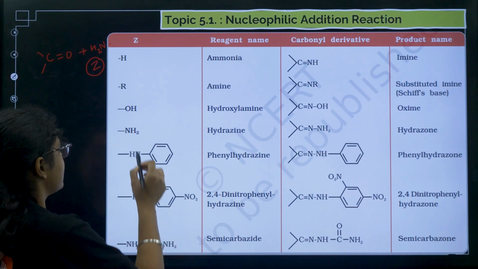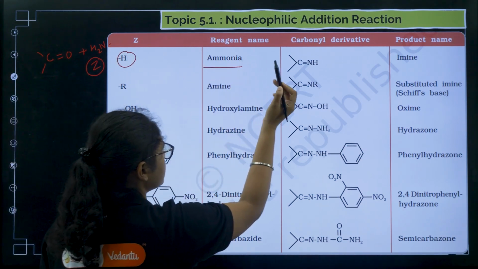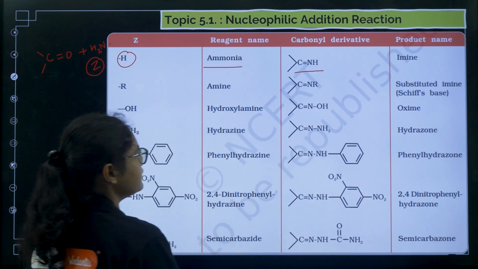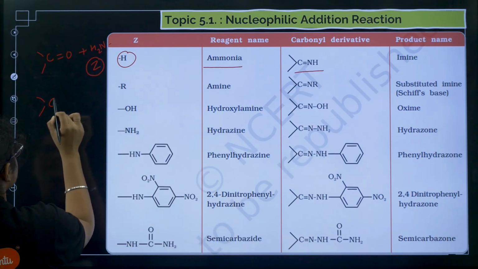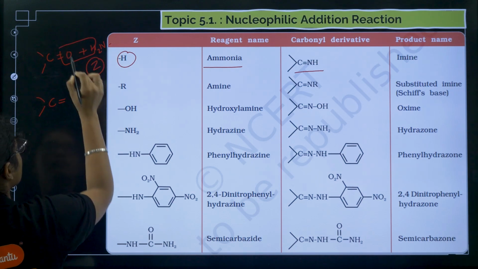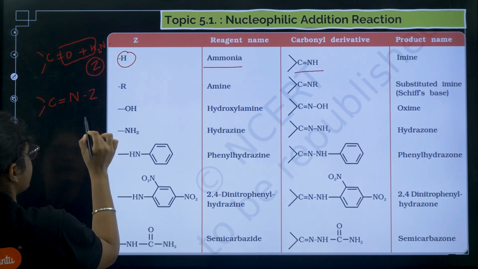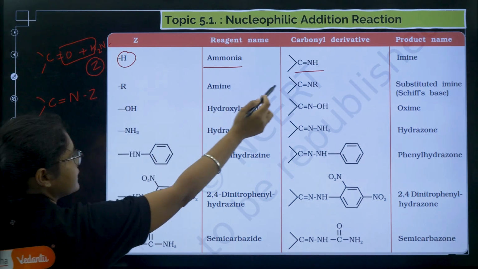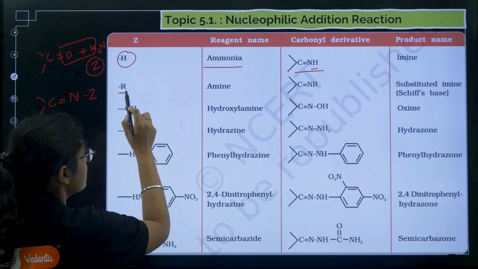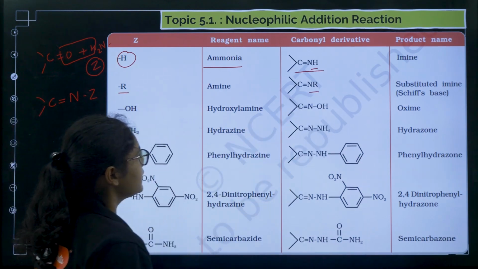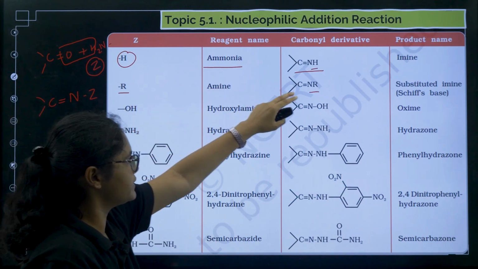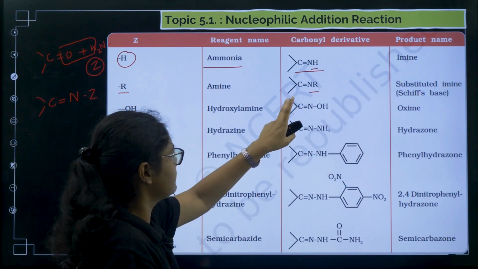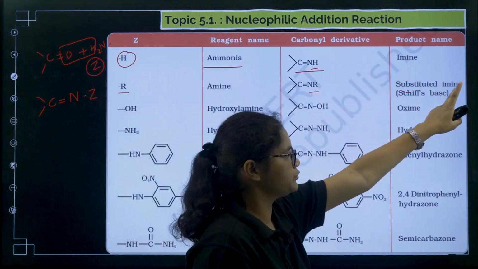Okay, so if this Z is H, then no doubt it is ammonia and we will get C double bond NZ and H. So the product, if you remember, was like this, double bond, here water will go and we will get NZ, right? So if H is there, then this Z is H. Next you have R, so here this is R. But here you should remember the names. Okay, this is called addition and the product is called imine. Okay, here if you have NR, this is called substituted imine.